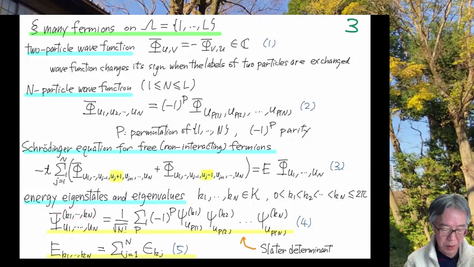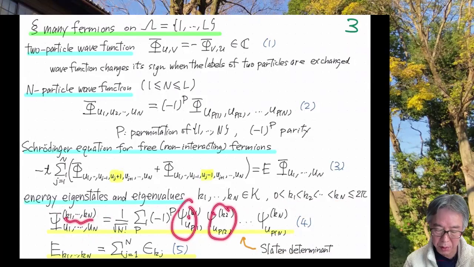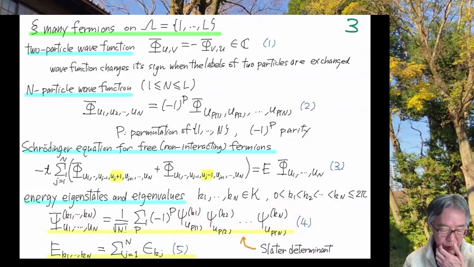And this is explicitly written in this form, which is called the Slater determinant, because it has the same formula as the determinant of an L by L matrix. And here, these are the single particle wave functions for the single particle energy eigenstates.